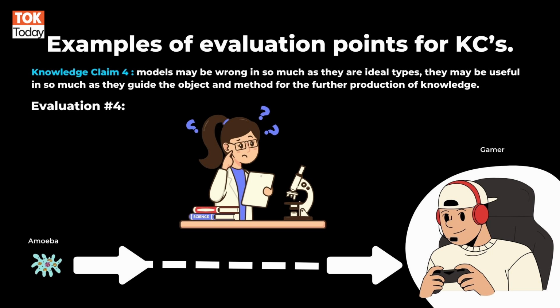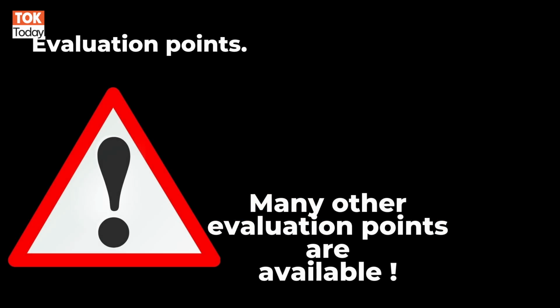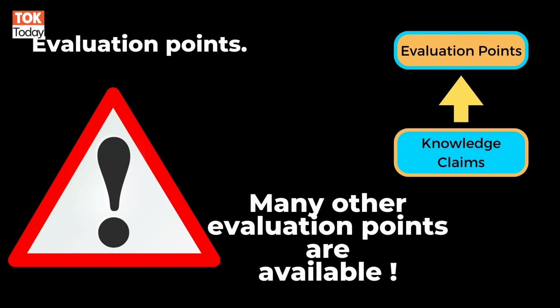It doesn't adequately explain how a theoretical model can inform future development of knowledge if it has not been tested in the real world. Now, these are just a few of the many evaluation points that you could develop for this essay. The evaluation points that you develop will depend upon the knowledge claims that you write. However, I hope that these examples give you a flavour of the sorts of evaluation points that could be developed.